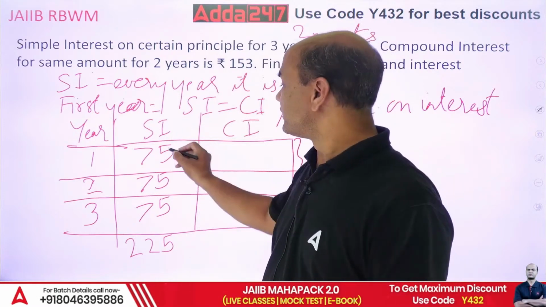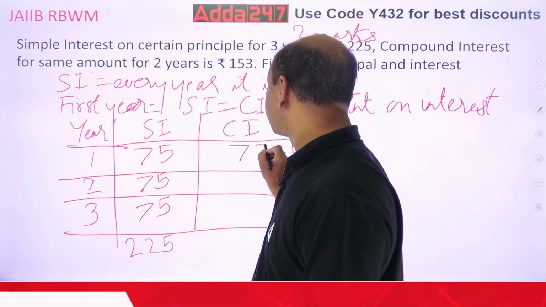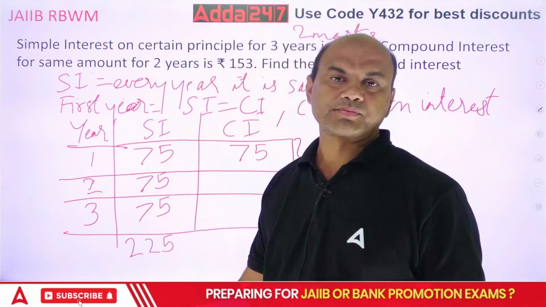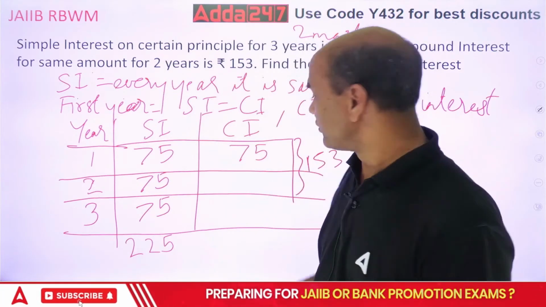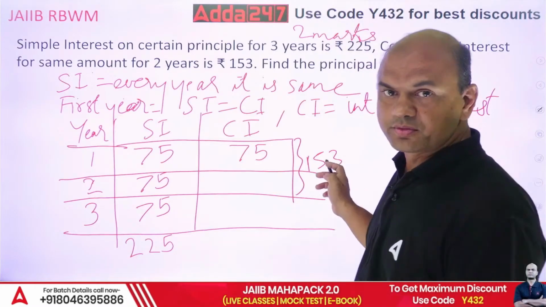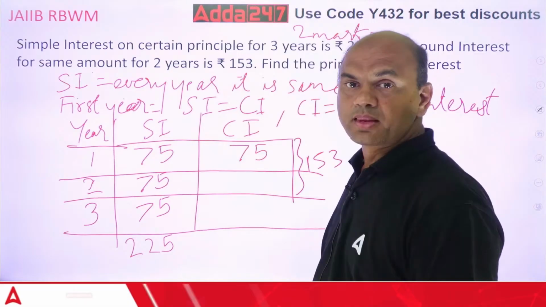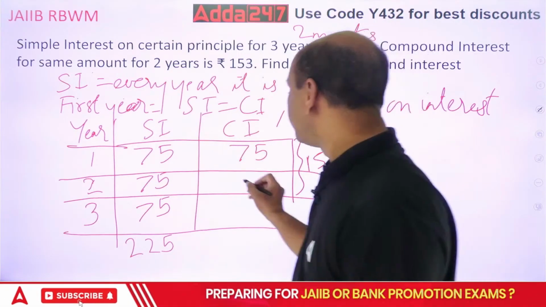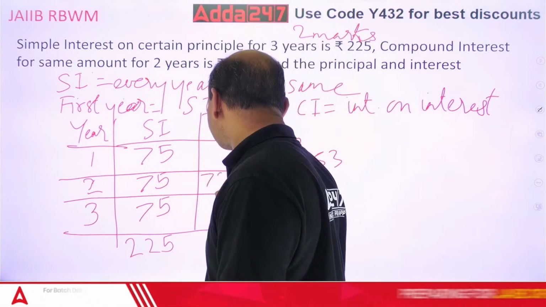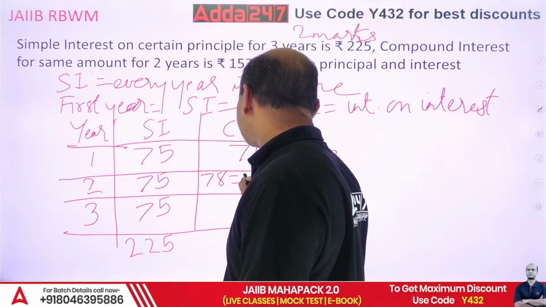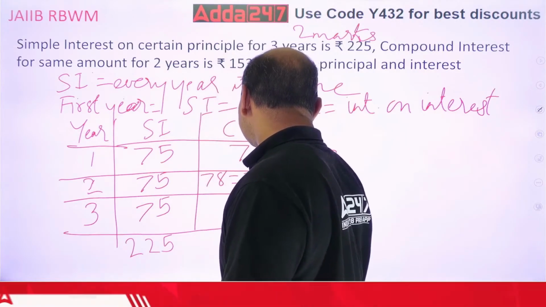So this is 75. My total is 153. If the total is 153 and the first year is 75, what will be the second year then? 78. So 78, we can write it like this, 75 plus 3.